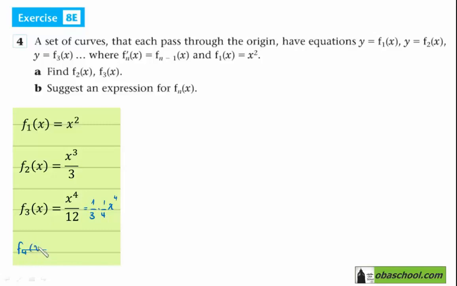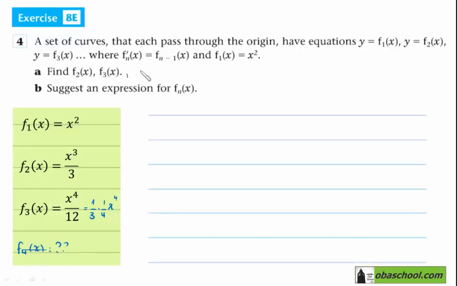So let's try to find f4 of x. The same way we used in part A, we are going to use in order to find f4 of x. f4 of x is the derivation of f prime 4 of x that is equal to f3 of x based on the relationship given.